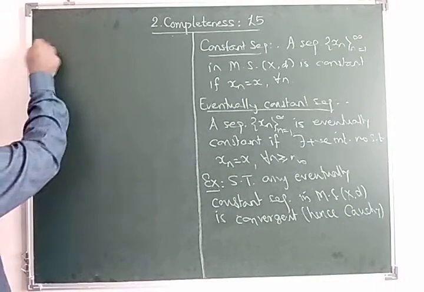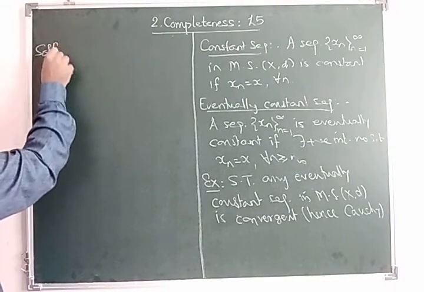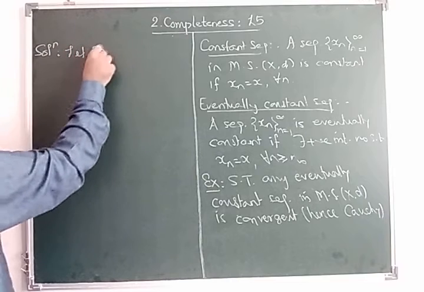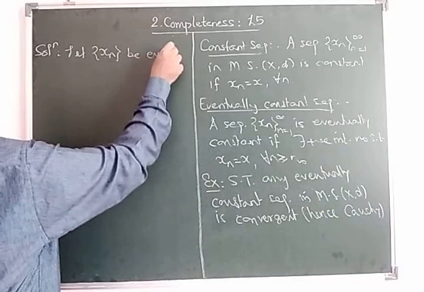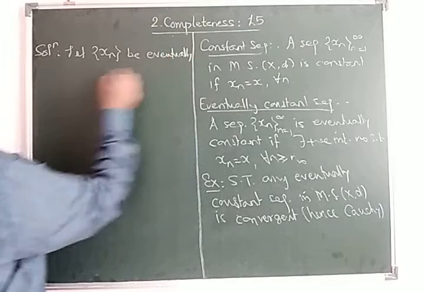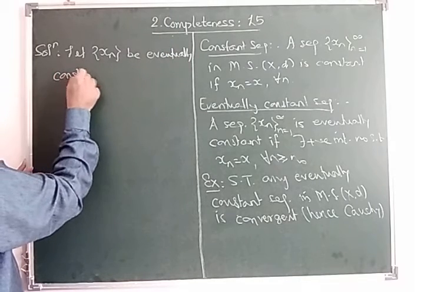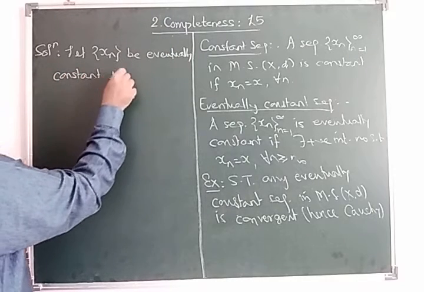Solution: let xn be an eventually constant sequence in metric space (X, d).